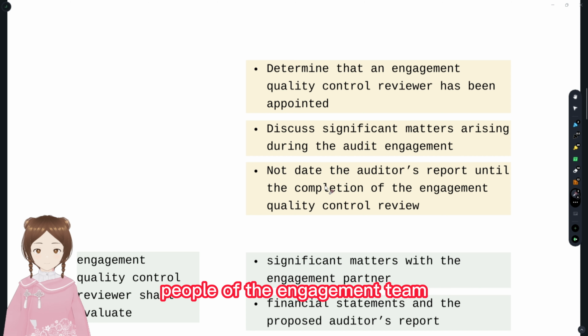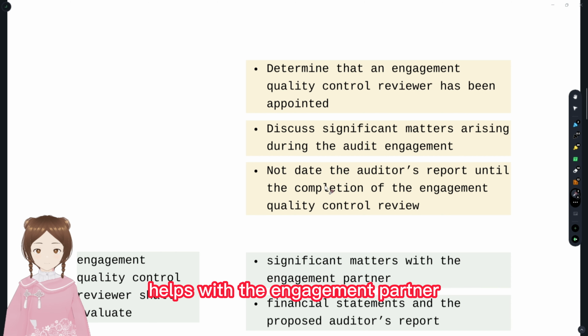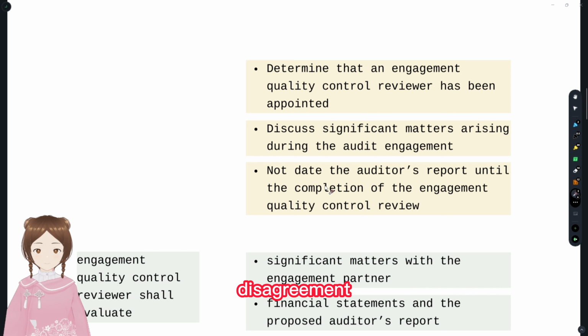Because the responsibility lies with the engagement partner, he can issue the audit report without clarifying all the doubts and disagreements. But he should not do that. He should not sign the audit report unless there were no disagreements. Everything has to be clear.